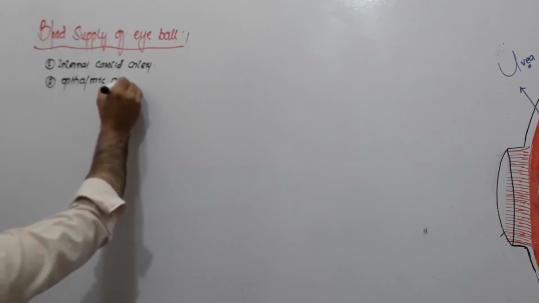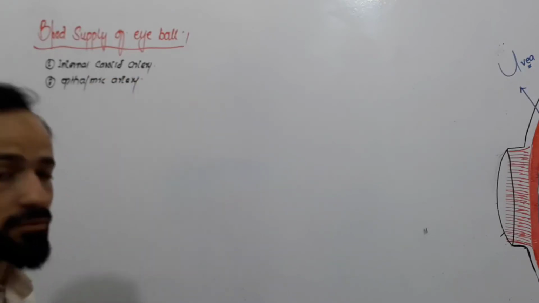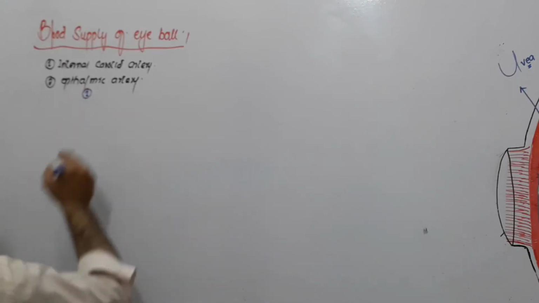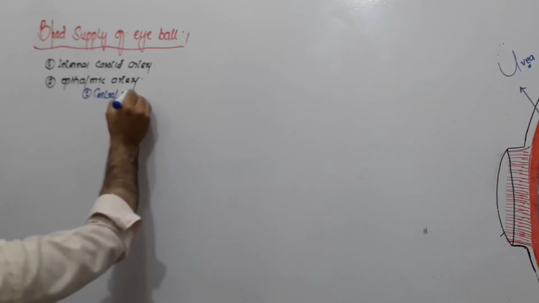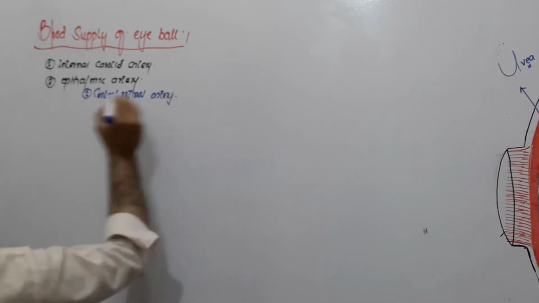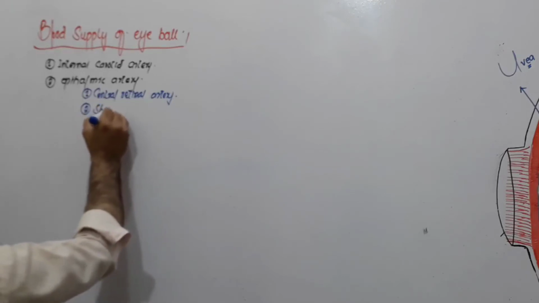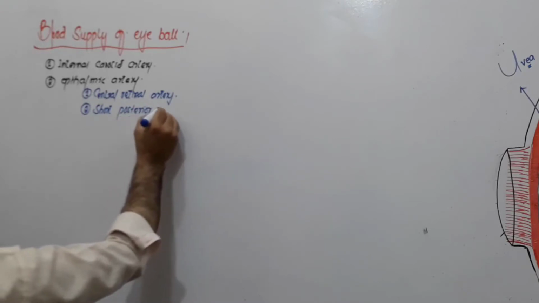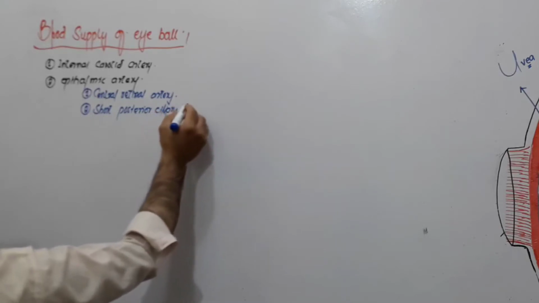artery. Right, friends? And from the ophthalmic artery certain other small branches separate. The first and major, important branch is called the central retinal artery. Then there are other small branches which are called the short posterior ciliary arteries.